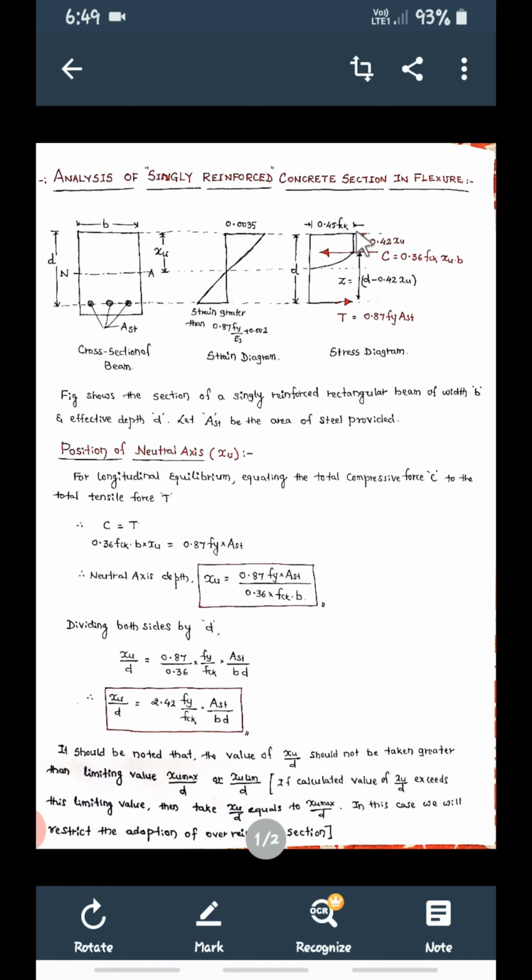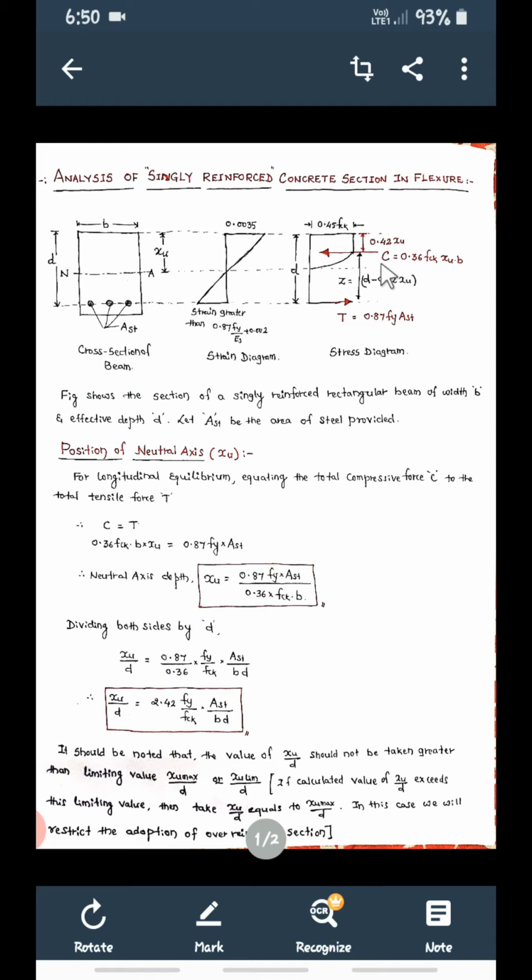If you come down, it will reduce. So at a distance 0.42 XU, at this point, the stress will not be 0.45 FCK, it will be reduced to 0.36 FCK.